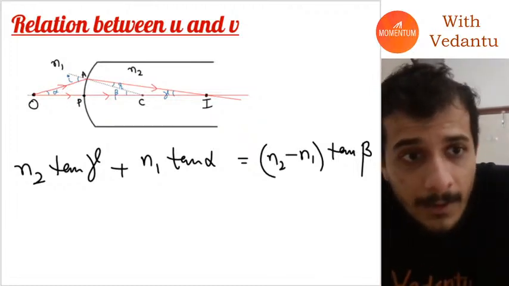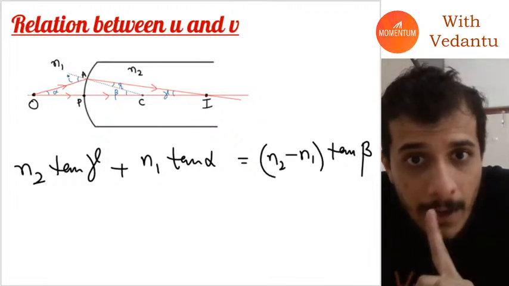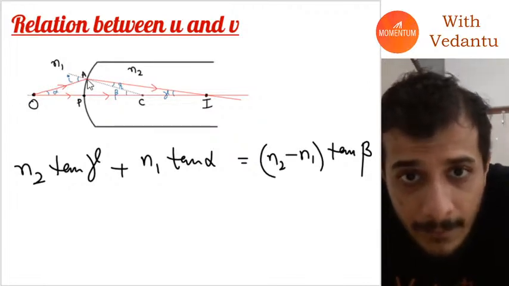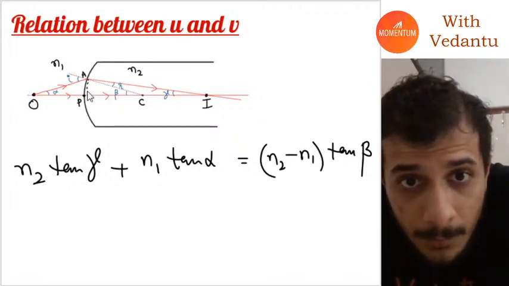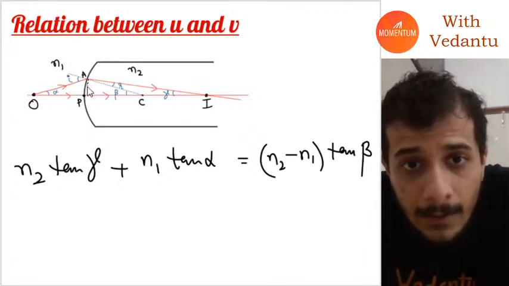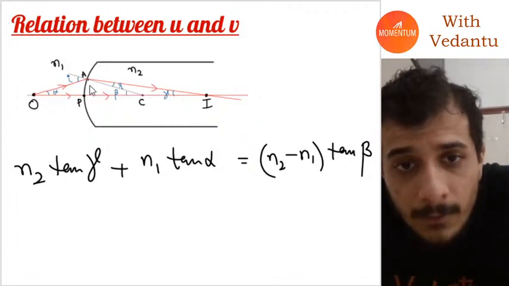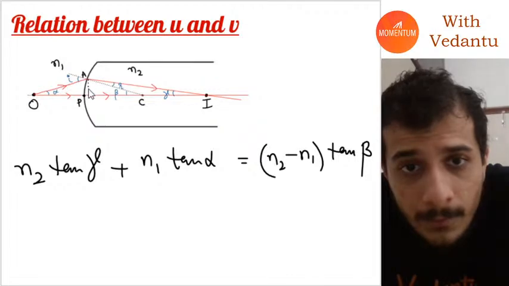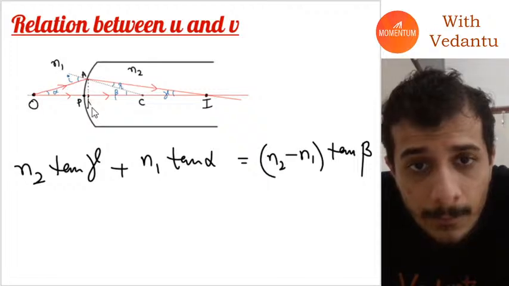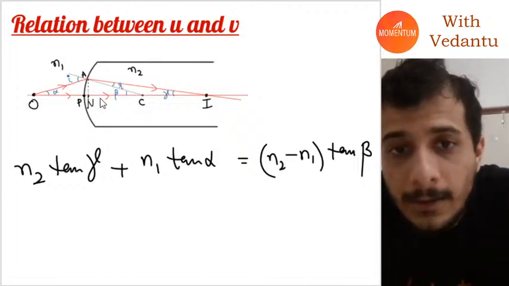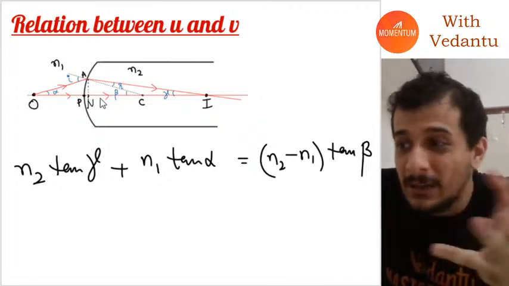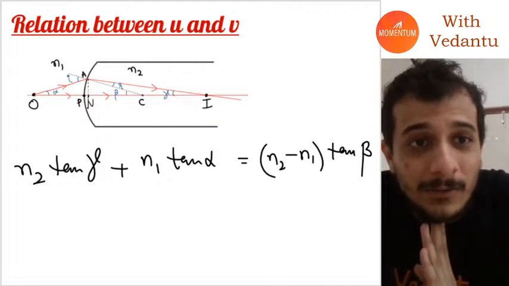Now here is where you have to pay closer attention. If you look at this diagram, I can drop a perpendicular here, and let's say this perpendicular comes here at point N. Points P and N are going to be very close, and that's why they are confusing.